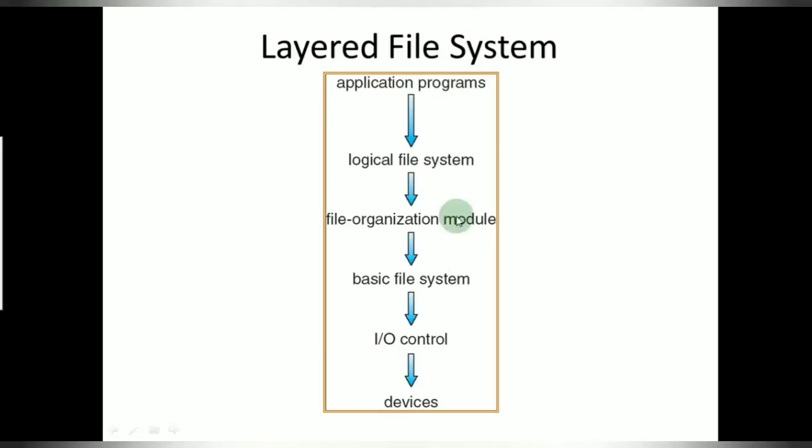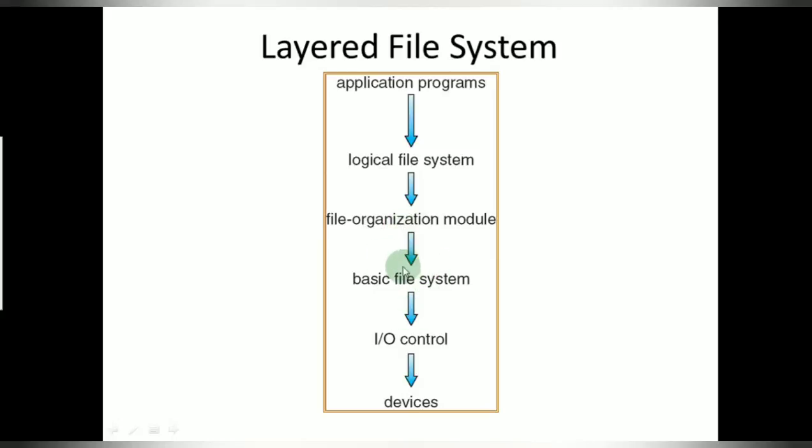We can see it top down or bottom up. So the application could be seeing the logical file system. The logical file system maintains a structure, that is your file control block, and this again can see the file organization module, which converts the logical address of the block to the physical address and also manages the free space.